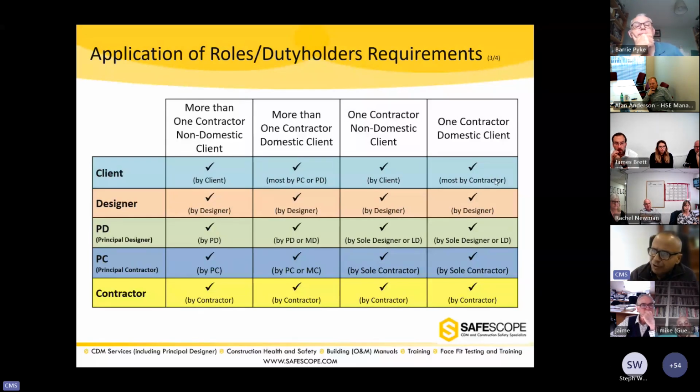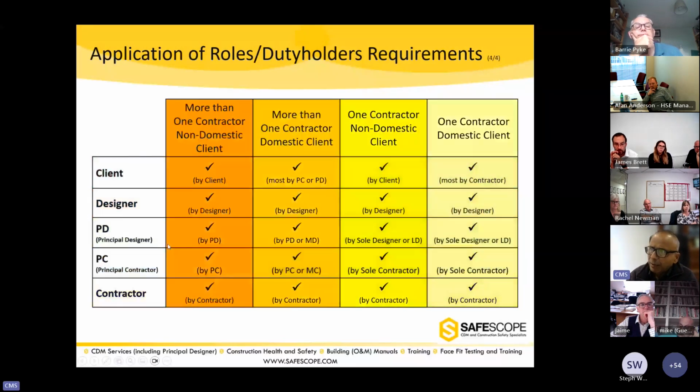So it just explains those duties in terms of the duty holders. And the next table explains in each scenario how those duties will apply. Again, you'll get a copy of these 2 tables as well, along with the flow diagram, so you can have a look at them in your own time.